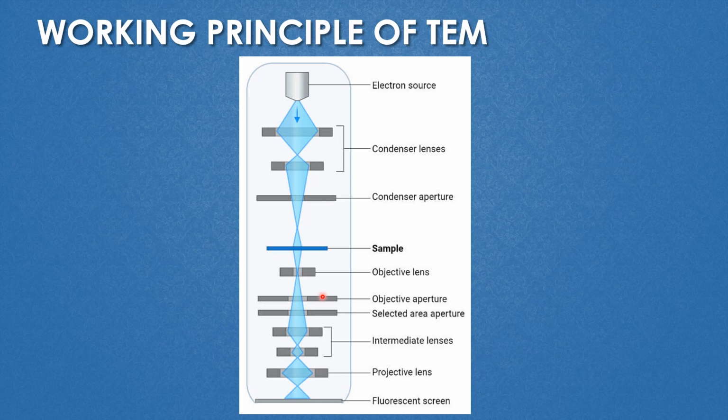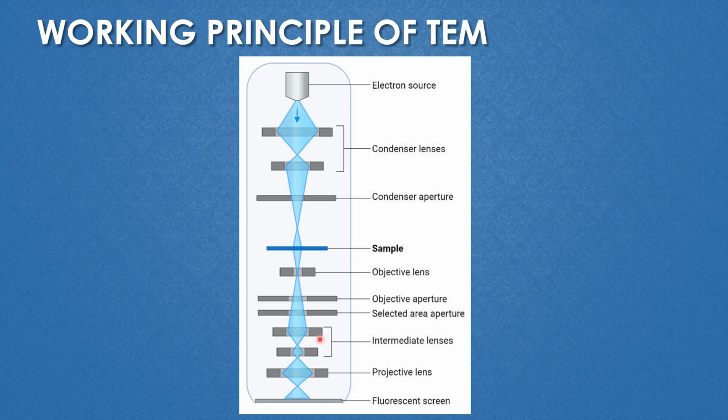Next, it passes to the selected area aperture, which enables the user to examine the periodic diffraction of electrons by orders or arrangements of atoms in the sample.